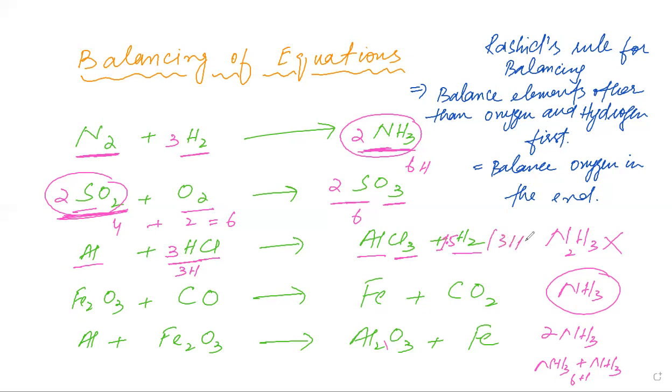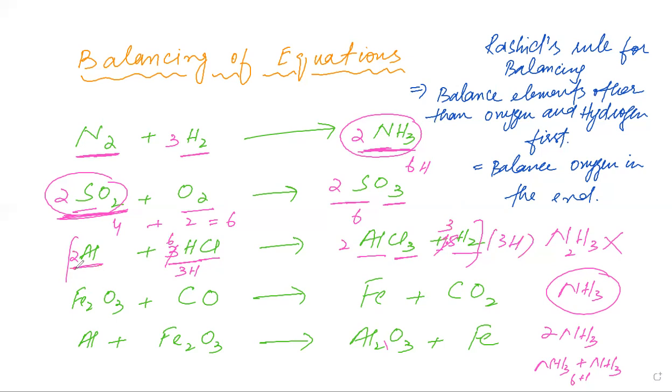Number of hydrogen atoms has become 3, but if someone does not like this fraction, then a whole number can also be used for the balancing of the equation. For this, we will have to multiply the whole equation by 2. So this will become aluminium 2, HCl will become 6, aluminium chloride 2, and 1.5 after being multiplied by 2 will also become 3.